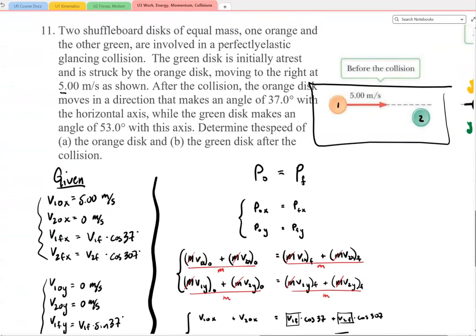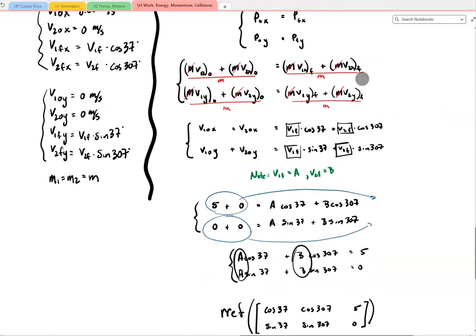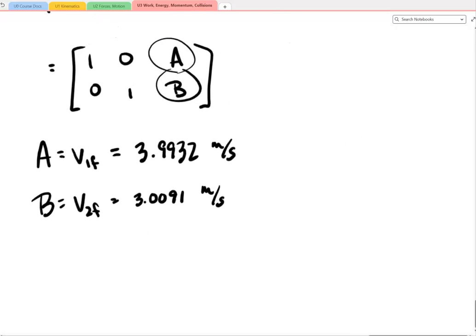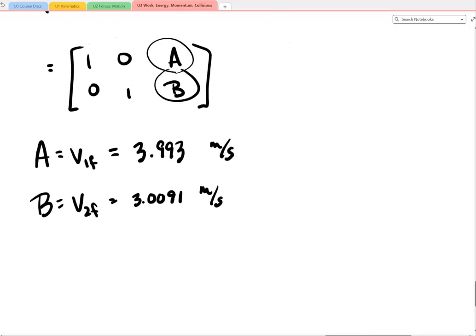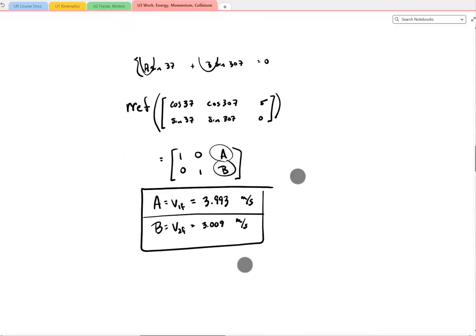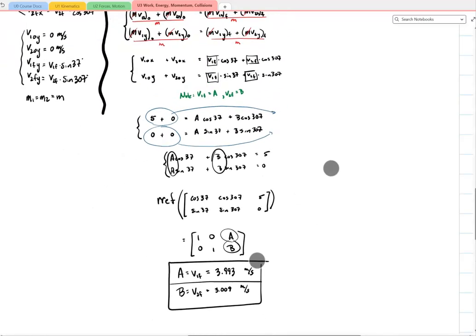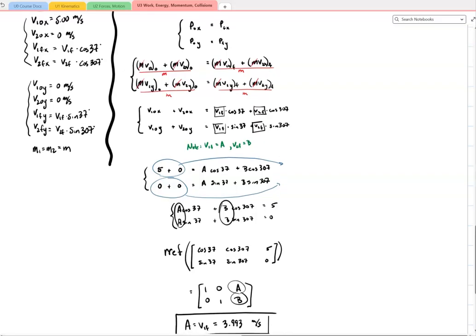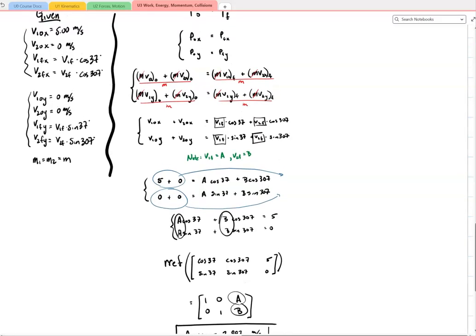Now, of course, we do need to pay attention to our significant figures, and it looks like all of these have 3 sig figs, so I think a better answer would be 3.993 and 3.009. Since we did rely on the calculator to compute our result for us, performing our dimensional analysis can be a little bit more challenging.